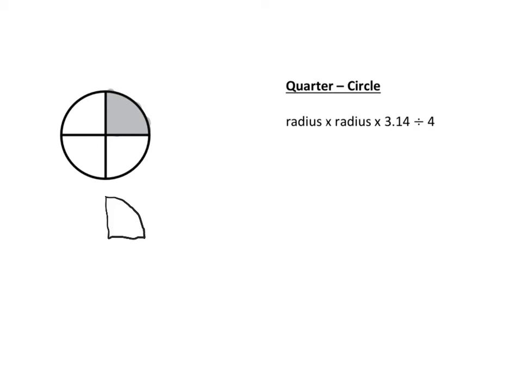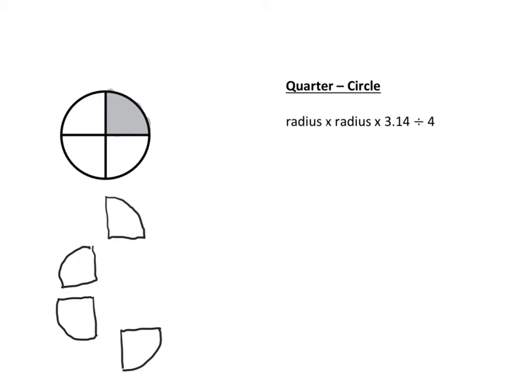So we could draw it this way. It could be the bottom fourth or the other one. So any of these four could be a fourth or a quarter of a circle.